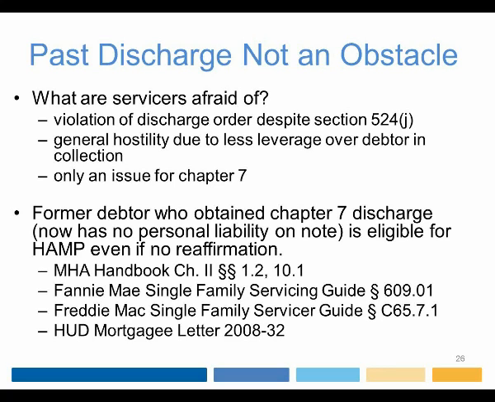And here it's uniform. The HAMP guidelines, the Fannie and Freddie guidelines, as well as a HUD mortgagee letter, which is on your slide, make it very clear that if you were in a prior Chapter 7 and you were discharged of your personal liability and you didn't reaffirm, you are still eligible for these modification programs.